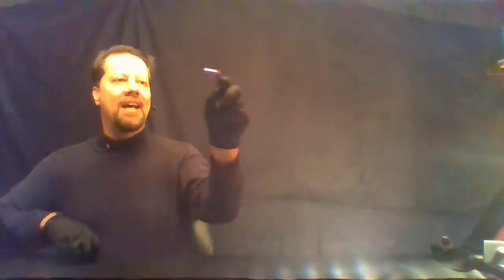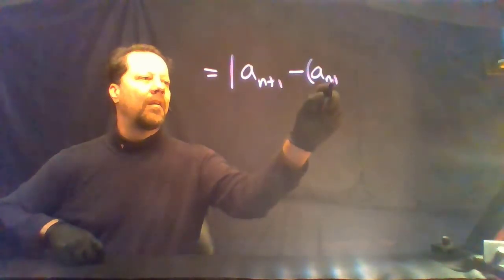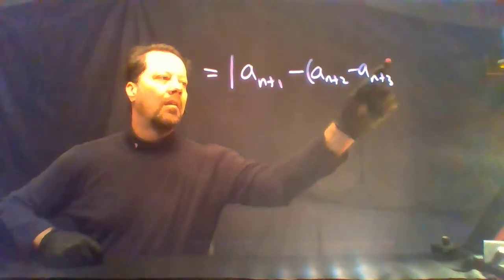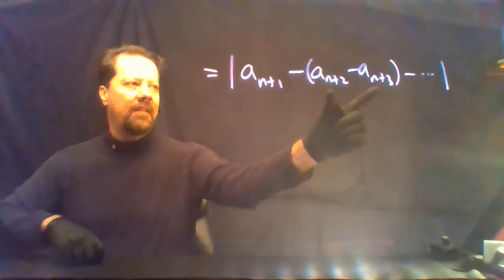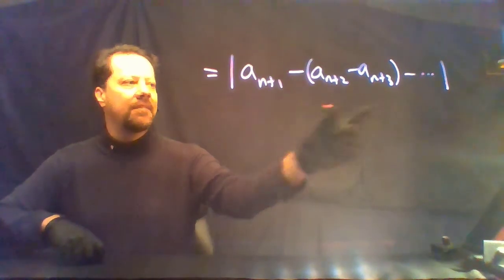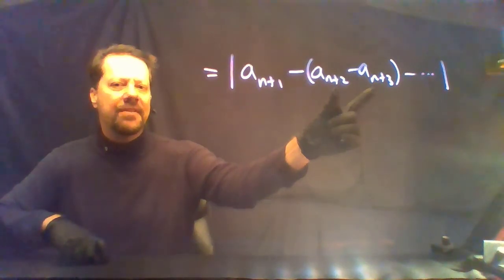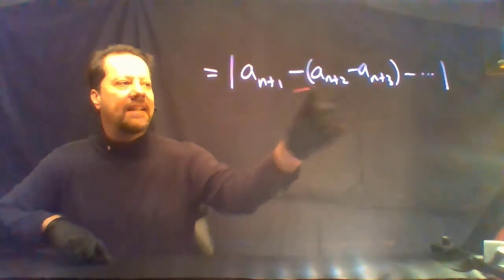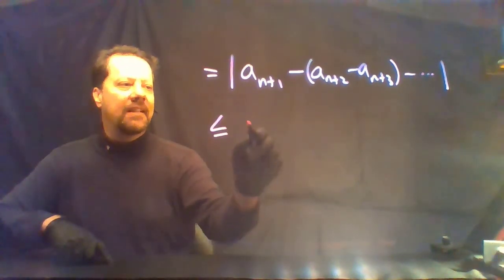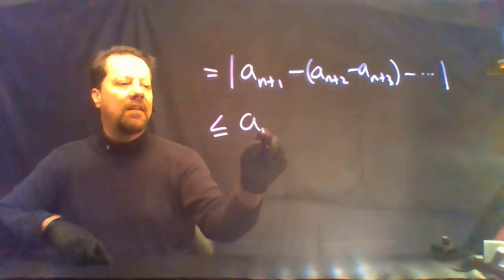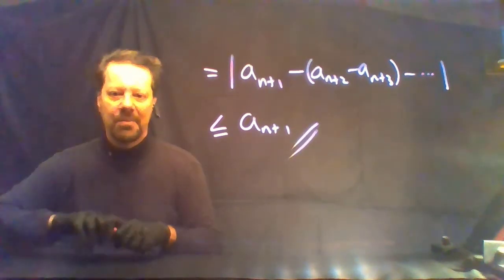We can rearrange that sum in the following way, by grouping the terms, except for this first one, in pairs and factoring a negative out. Because we assume that the terms are getting smaller and smaller in magnitude, these differences will all be positive, and we're subtracting those positive values from this first term, which means that we're going to get something less than or equal to a_(n+1). And that is the end of the proof.